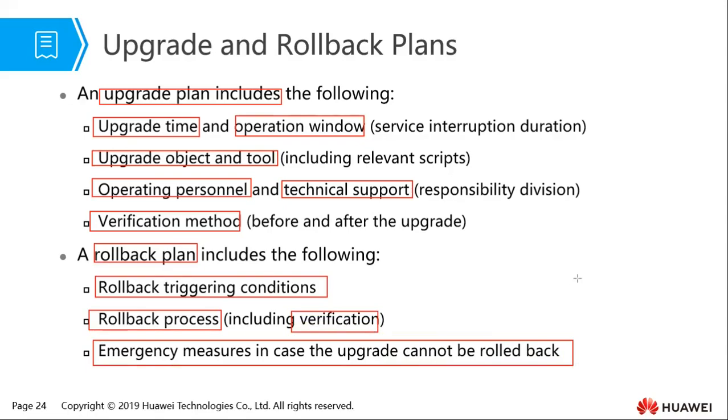So for example, here we can have another working equipment that is just staying there in case we are unable to do rollback or we are unable to do the upgrade, then we can swap with this one that is working correctly. So we might need to have that as an emergency measure, for example.